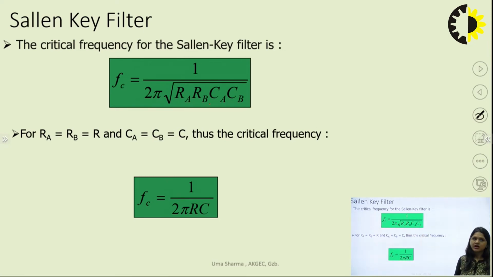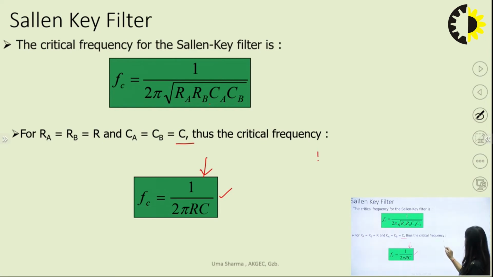If we assume RA equals RB and CA equals CB, and that is equal to C, so this equation comes out FC equals 1 upon 2 pi RC. So this expression is same for low pass as well as high pass filter. So this is the beauty of the second order Sallen key filter, where the critical frequency is same for low pass as well as high pass filter.